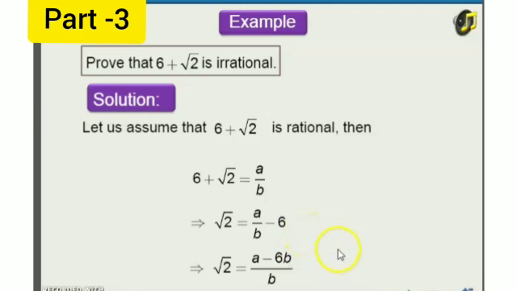What do we observe here? On the LHS is an irrational number, and on the RHS a rational number. So our assumption is wrong, because here we observe that an irrational number is equal to a rational number. This is a contradiction.